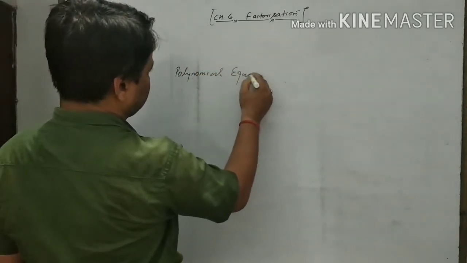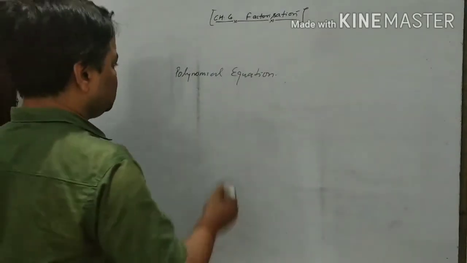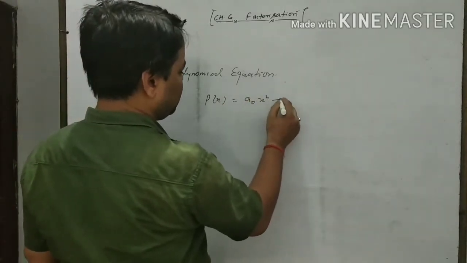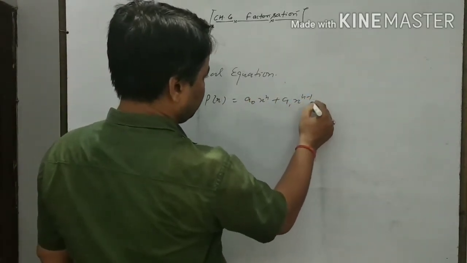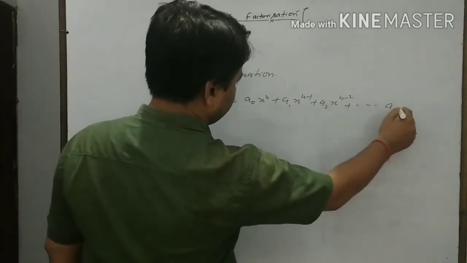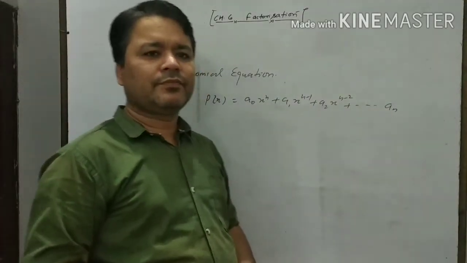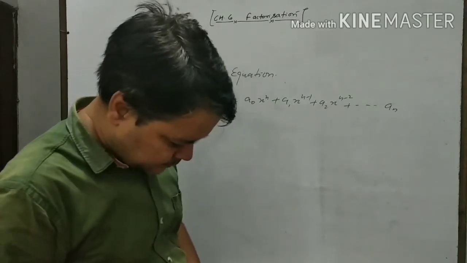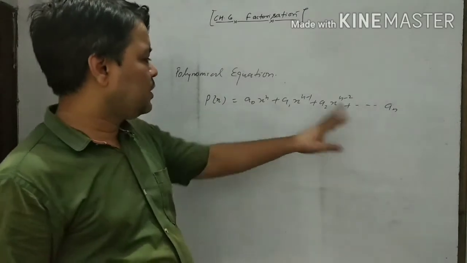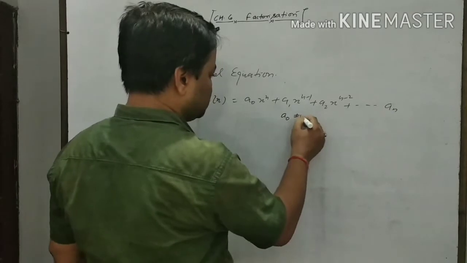We know the standard form of the polynomial is a0 x to the power n plus a1 x to the power n minus 1 plus a2 x to the power n minus 2 plus up to an, where a0, a1, a2 up to an are real numbers, and this is the polynomial of degree n, where a0 is not equal to 0.